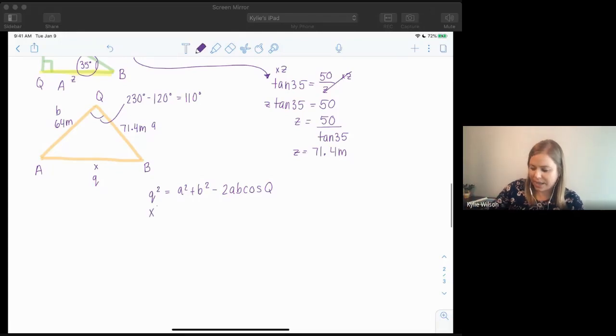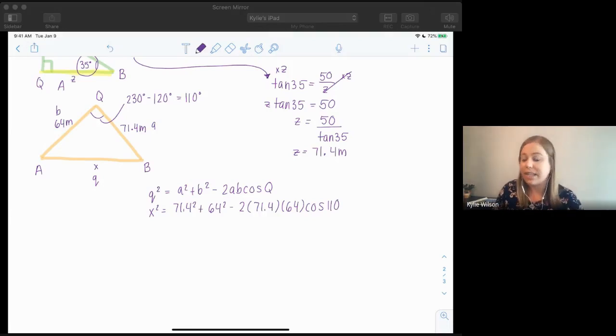So we have x squared equals 71.4 squared plus 64 squared minus 2 times 71.4 times 64 cosine of 110.